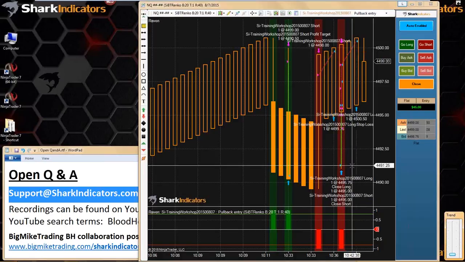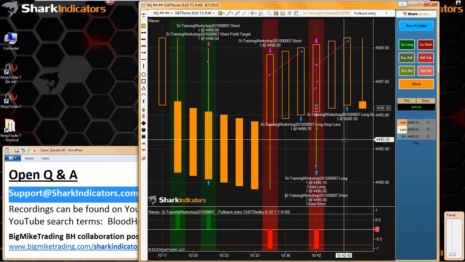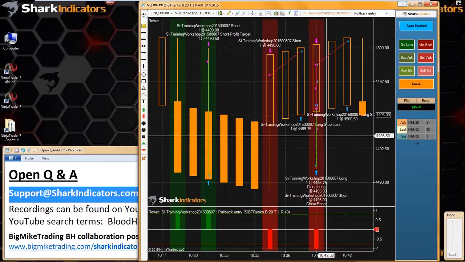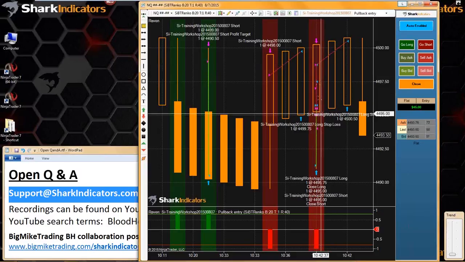Just trying to see what happened here. So Raven got in the trade here, and I didn't catch what was happening because I was talking to you guys. So we'll just do this again. But I think what happened is that for some reason it reversed up here, and I'm wondering if the bar length had something to do with that.